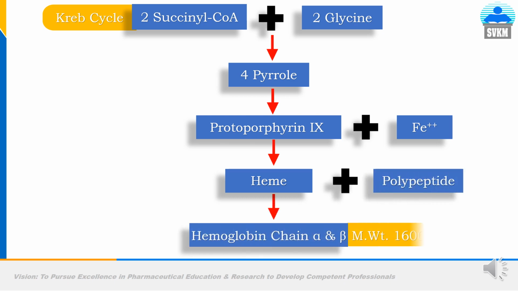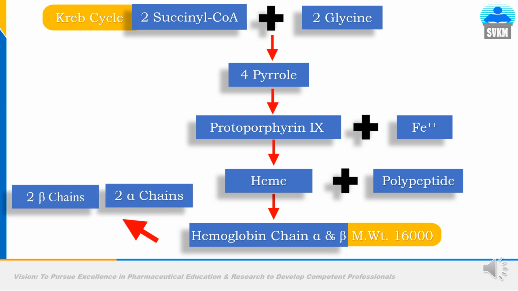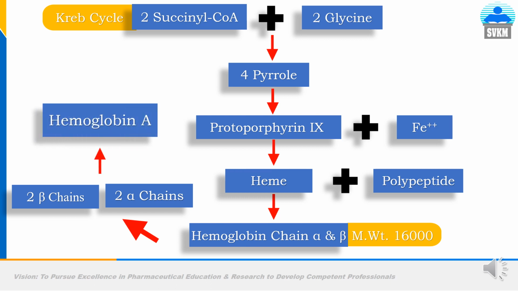The heme is combined with the polypeptide, and the outcome is a hemoglobin chain, alpha or beta, with a molecular weight of 16,000. This hemoglobin contains 2 alpha and 2 beta chains, and this completely forms hemoglobin A, the common form of hemoglobin in adults.